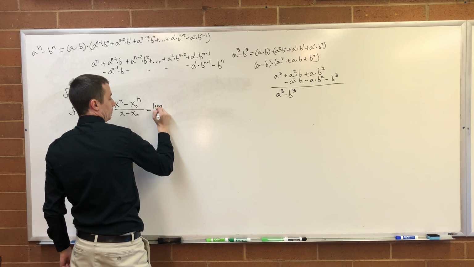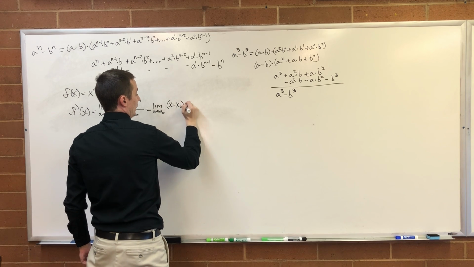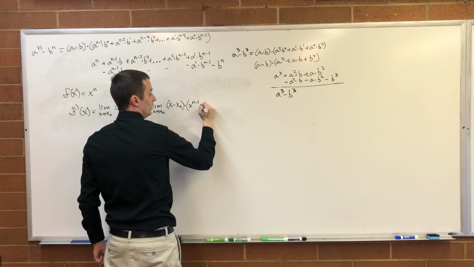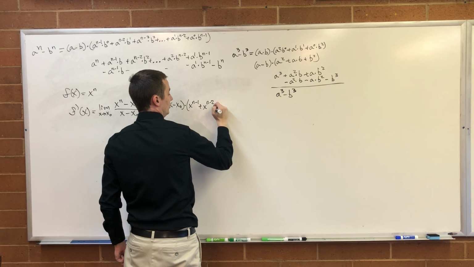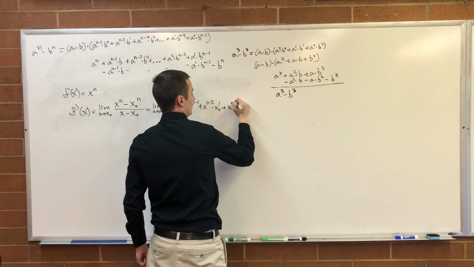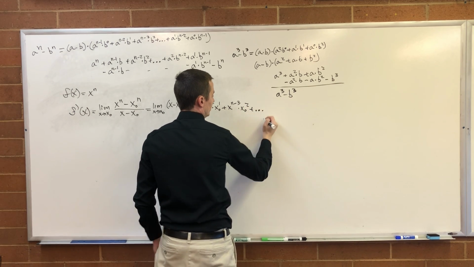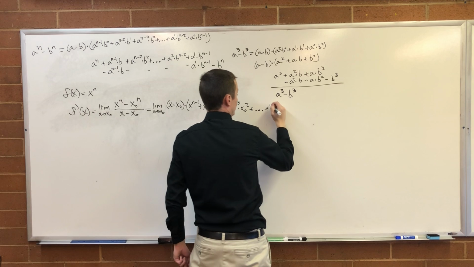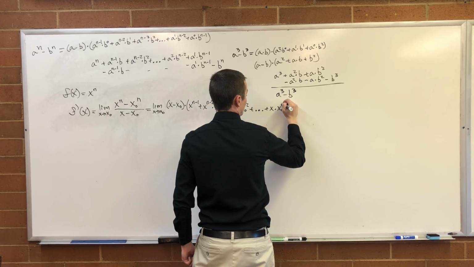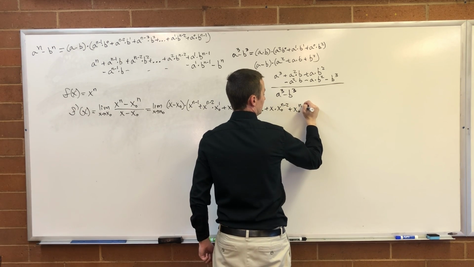the limit as x approaches x naught of x minus x naught, factor that out of the numerator. That leaves us with x to the n minus 1 plus x to the n minus 2 times x naught to the 1 plus x to the n minus 3 times x naught to the 2, plus etc., plus x times x naught to the n minus 2 plus x naught to the n minus 1.